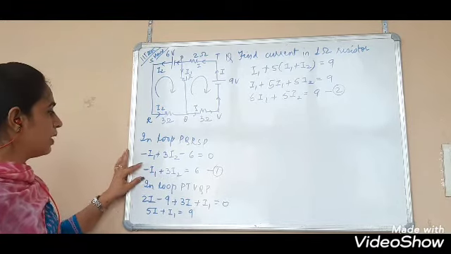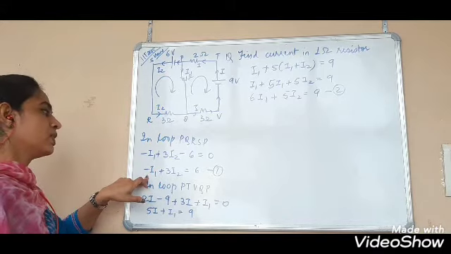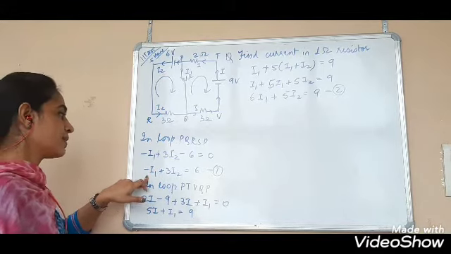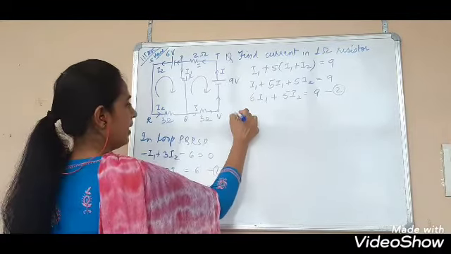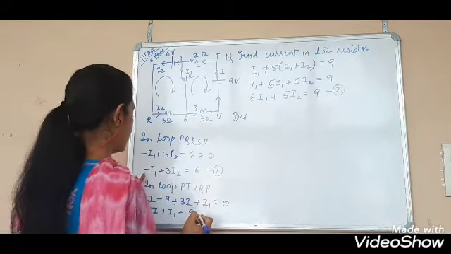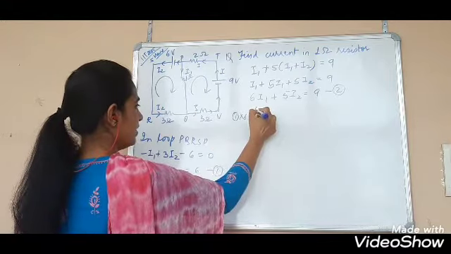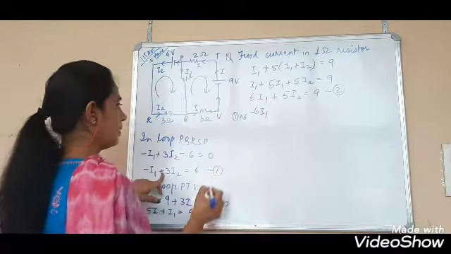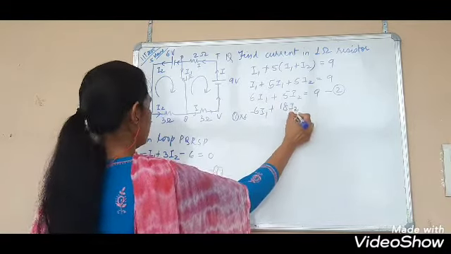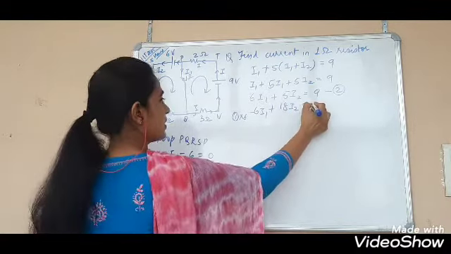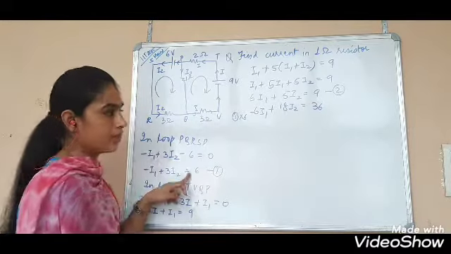What you can do is multiply equation 1 by 6 and add. So multiplying 1 by 6 and adding, this is minus 6 I1 plus 6 3s are 18 I2 is equals to 6 6s are 36.